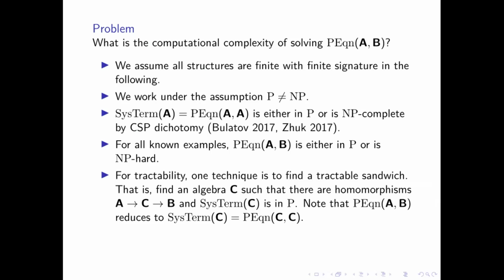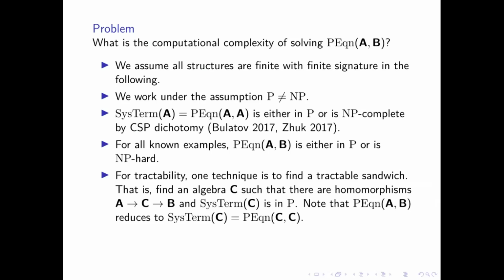If you have some C such that A maps homomorphically into C maps homomorphically into B, then promise equations A, B will reduce to systerm C. And the previous bullet point that settles the complexity of systerm C tells you some information about that. So you can always get tractability results if you have this sandwich.